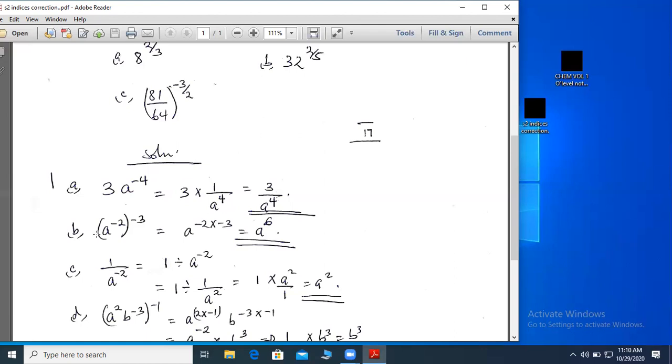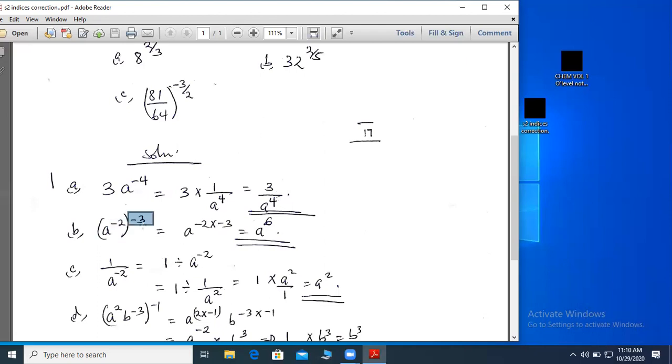Part B. When you look at it, we have a to the power negative 2, then again to the power negative 3. The best thing we had to do here was to realize that we have 2 powers. One of the powers was a to the power negative 2, and the other power was negative 3.